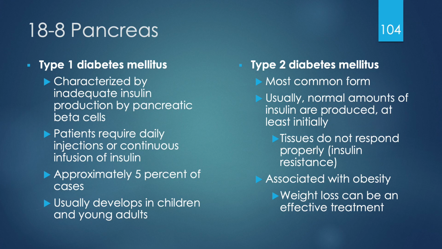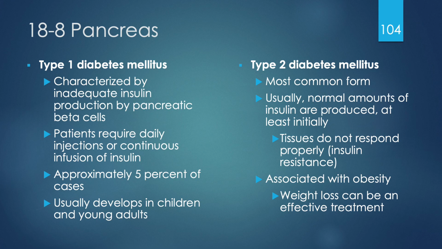In this case, patients need to inject themselves daily, and even more often than once a day, so they have a continuous infusion of insulin to prevent becoming hypoglycemic. Only about 5% of diabetes mellitus cases are type 1, and this is usually found in children and young adults. Now, type 2 diabetes mellitus is becoming much more common in children and young adults, especially as our obesity epidemic has become very serious in the United States.